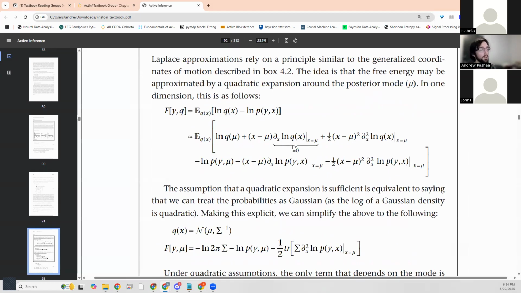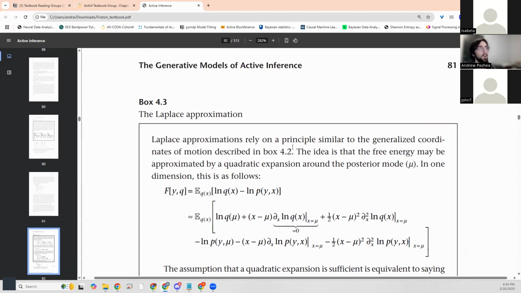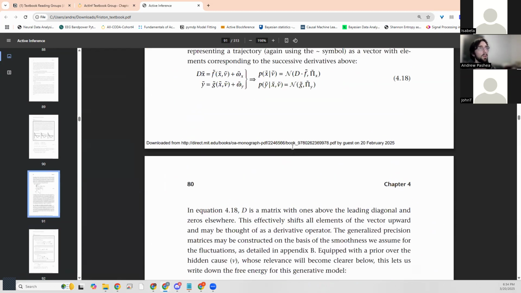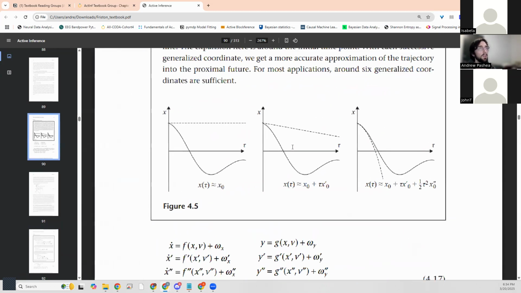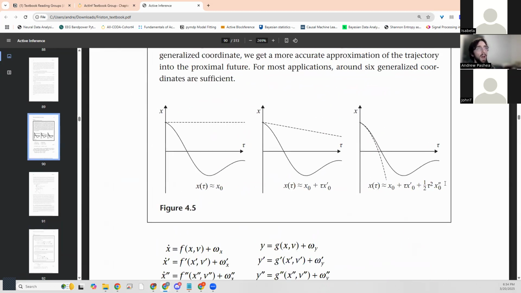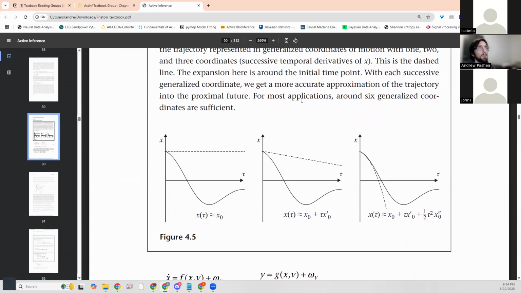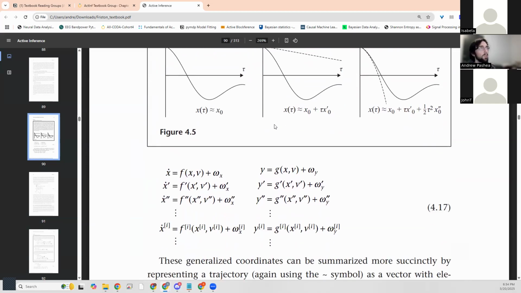It also works quite well for a variational inference model, right? Because as opposed to trying to excessively predict into the future what will happen, we can simplify or approximate behavior, oftentimes, as the authors say, with 6 generalized coordinates.